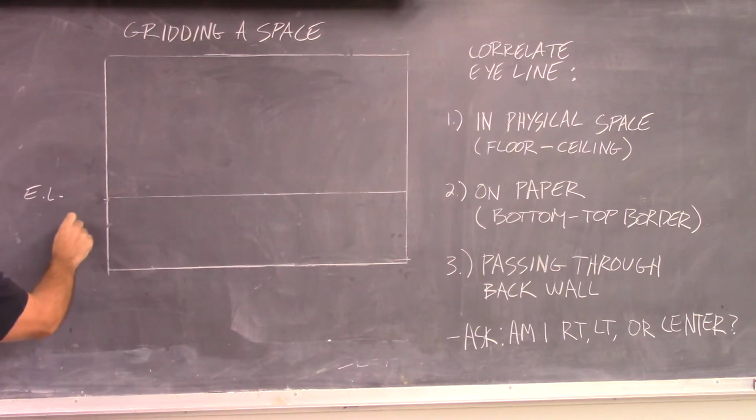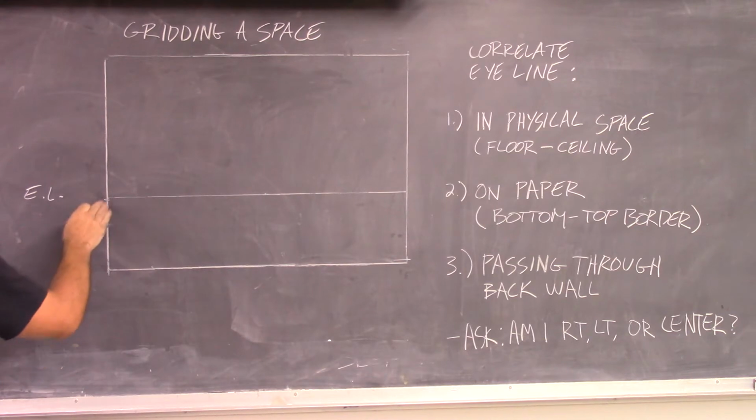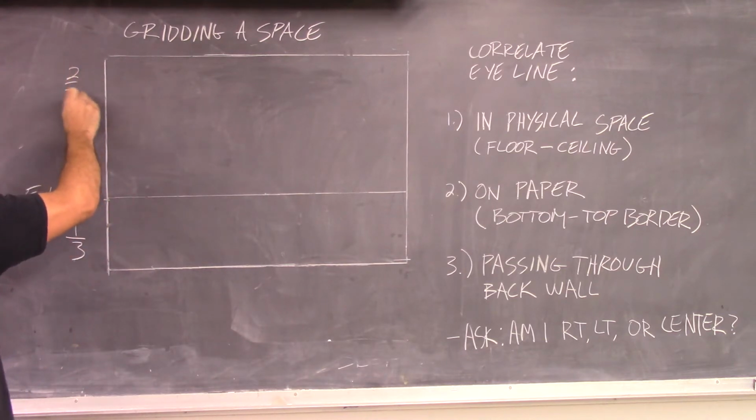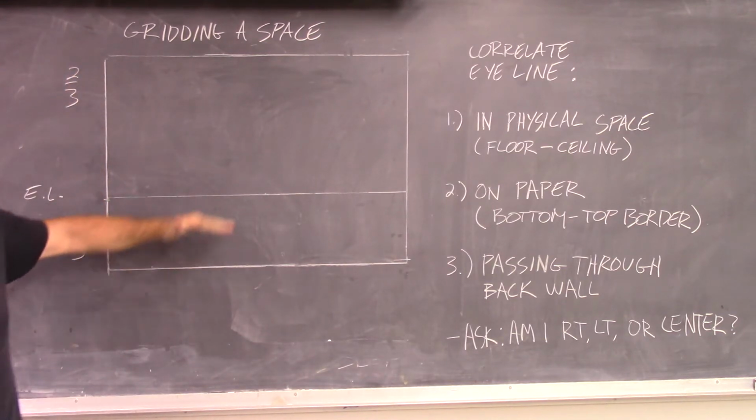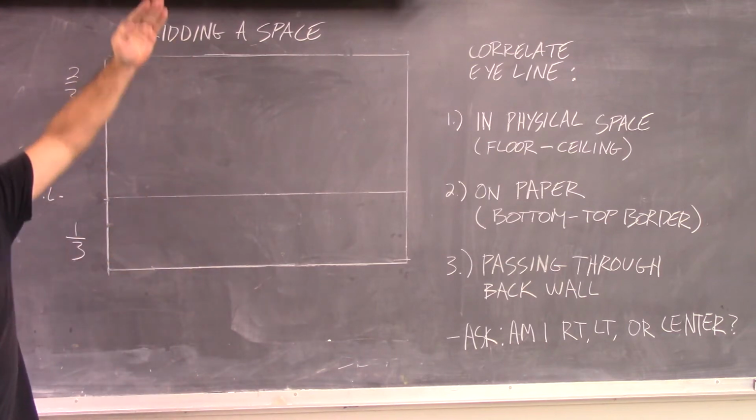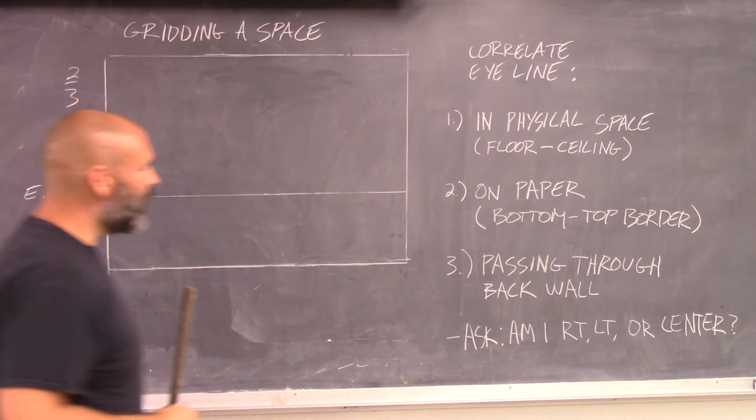Okay, 1/3 from the bottom border to my eye line, 2/3 above. Again, my eyes are 1/3 of the way from the floor, 2/3 of the way to the ceiling.